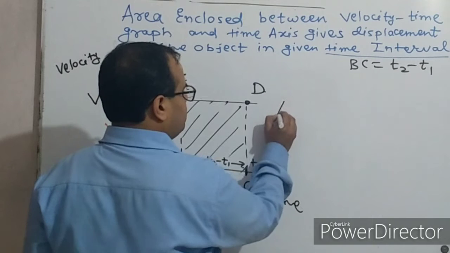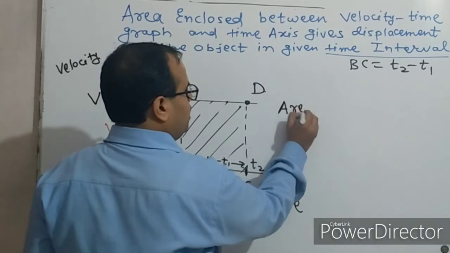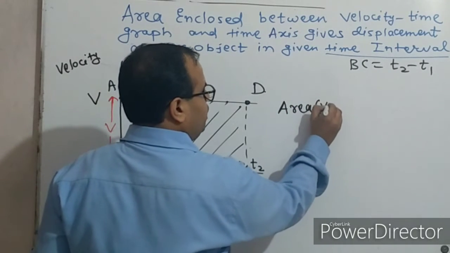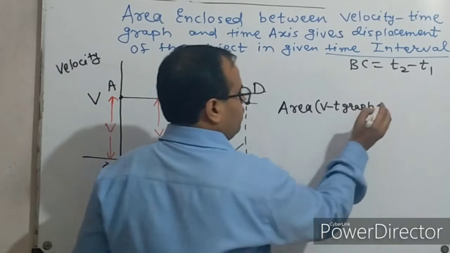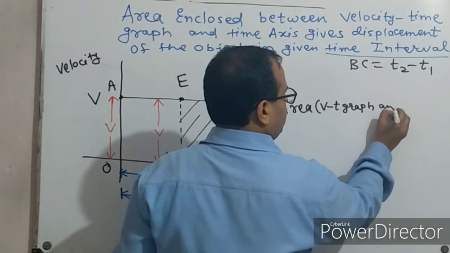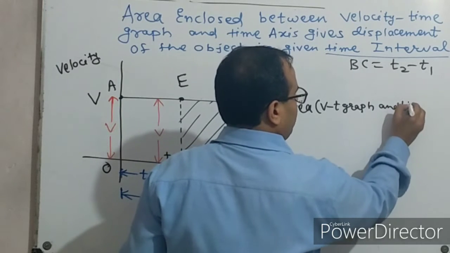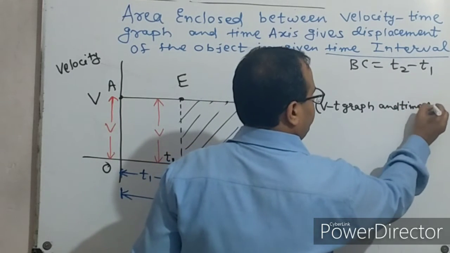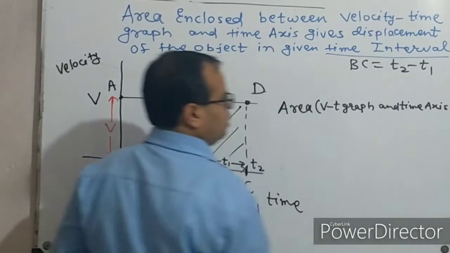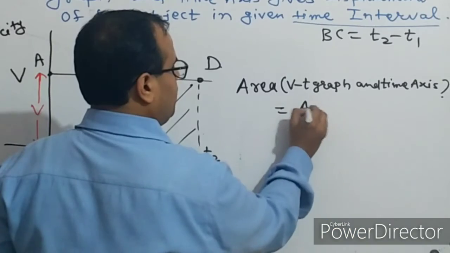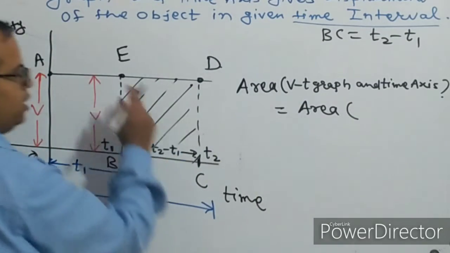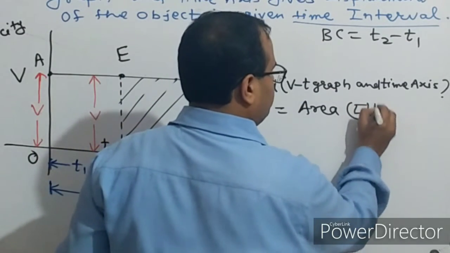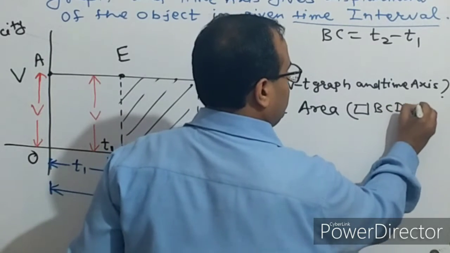Now how can you find this? You can find it like this: area between the VT graph and the time axis is equal to the area of rectangle BCDE.